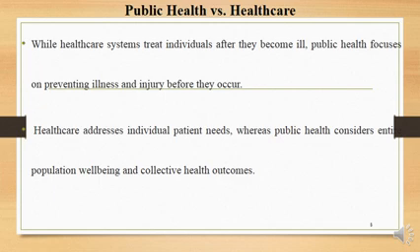Healthcare addresses individual patients' needs, whereas public health considers the entire population's well-being and collective health outcomes. So public health deals with a whole community, their well-being and collective health outcomes, while healthcare talks about the individual needs of the patient.